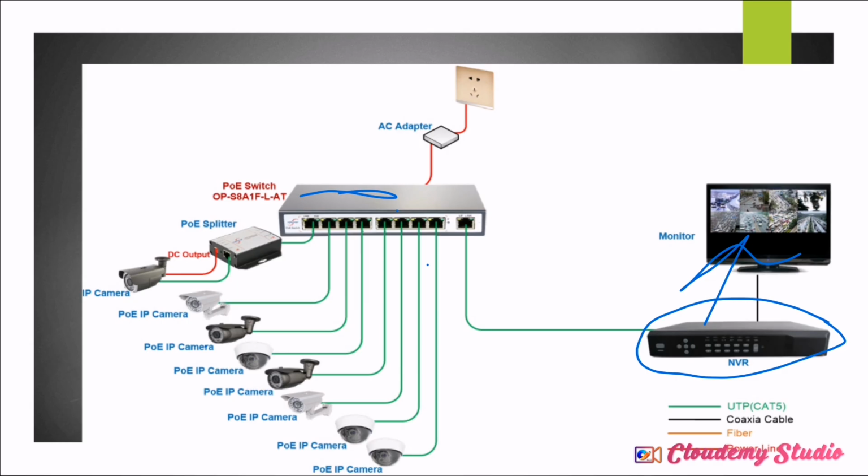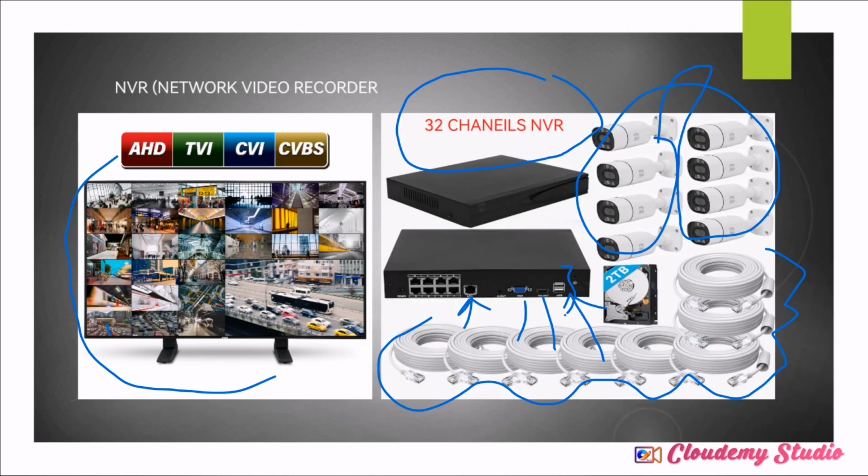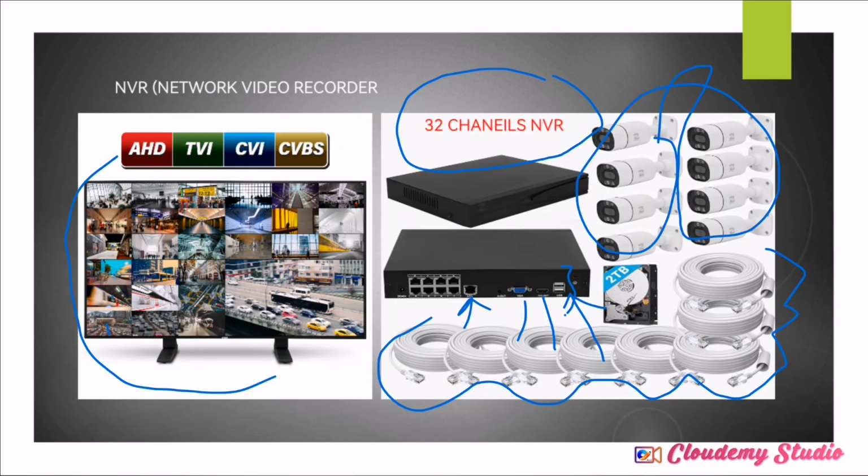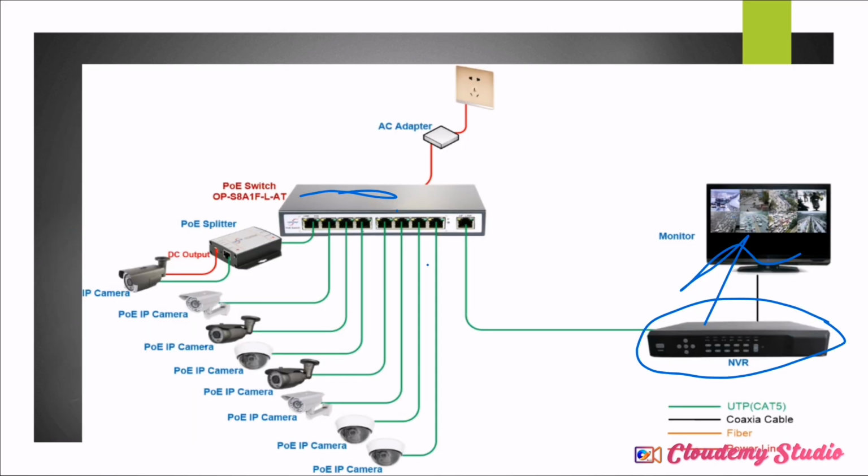Whatever the cameras are capturing is going to send the information to this NVR using this network cable. Then from there it is going to send this information to this monitor to display it. That's what this diagram is trying to explain.